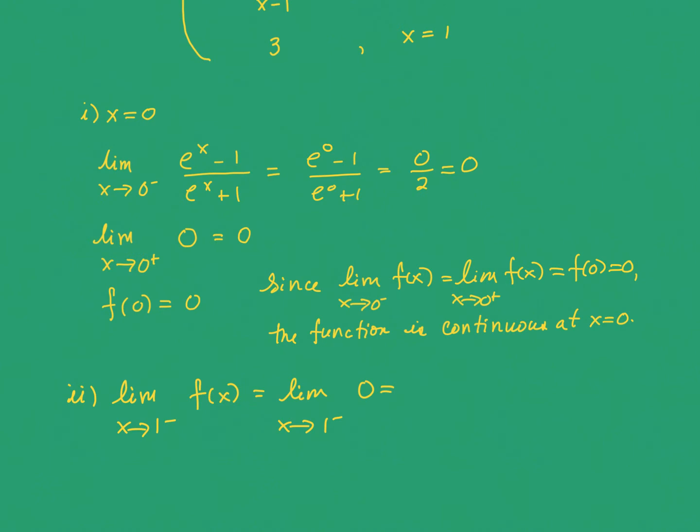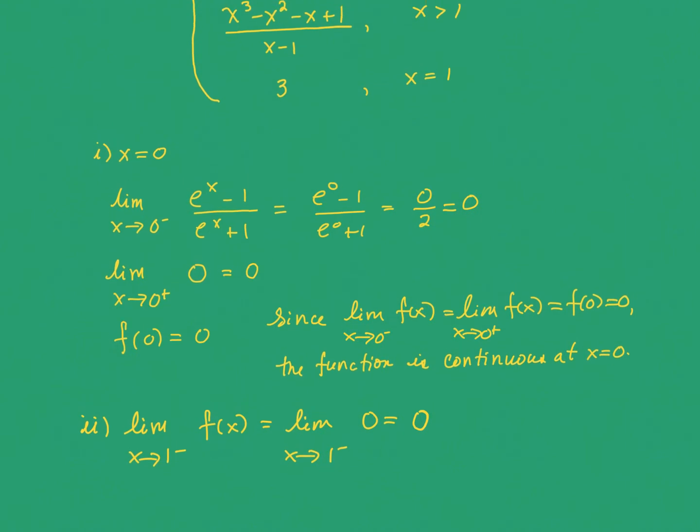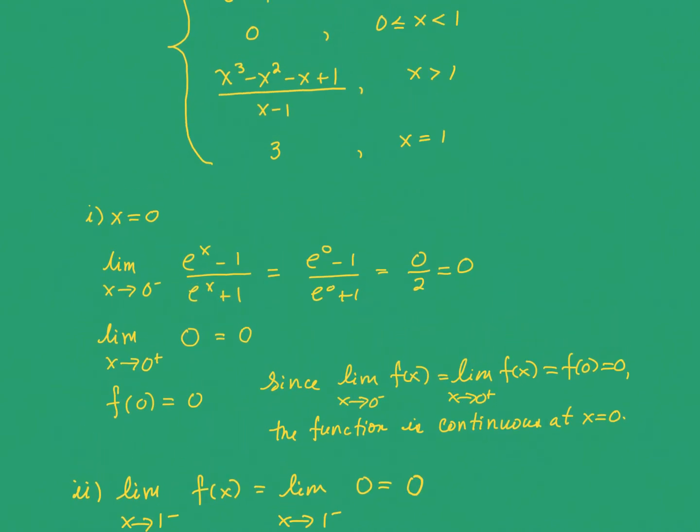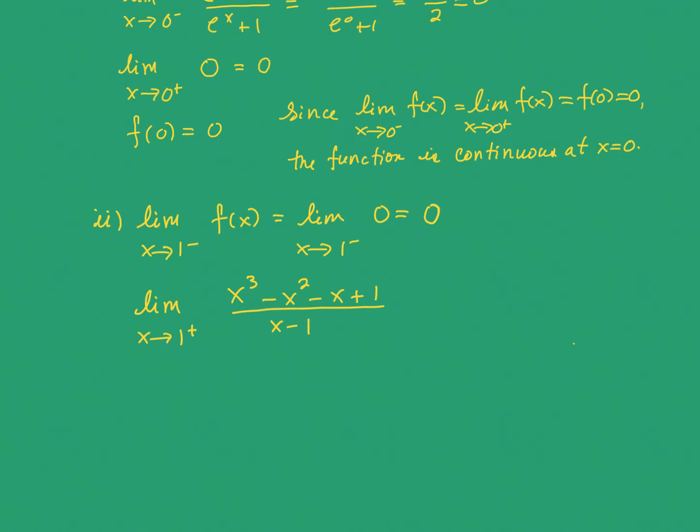So again, the limit as x tends to 1 from the left of f of x, that's the limit as x tends to 1 from the left of 0. And that's a constant function, so that's just 0. Now let's look at the limit as x tends to 1 from the right. So again, we're going to use this piece. All right, so we're looking at the limit as x tends to 1 from the right of x cubed minus x squared minus x plus 1 over x minus 1.